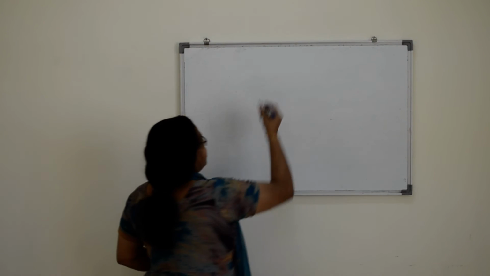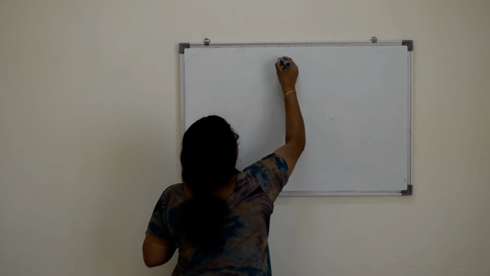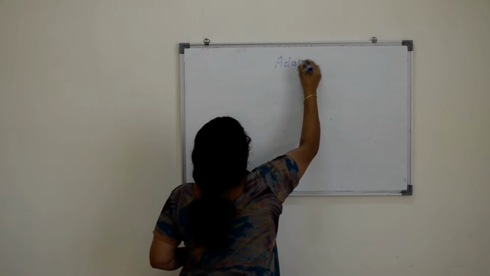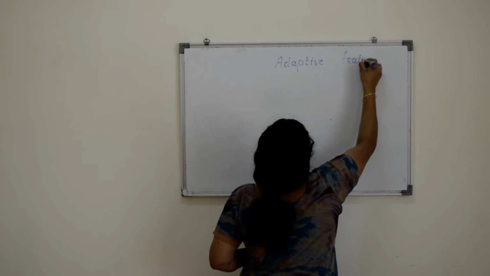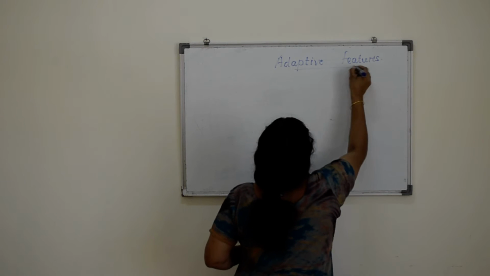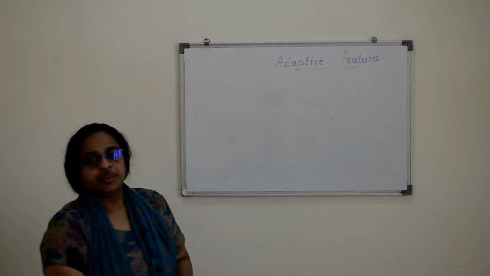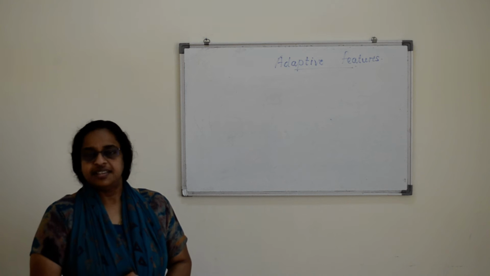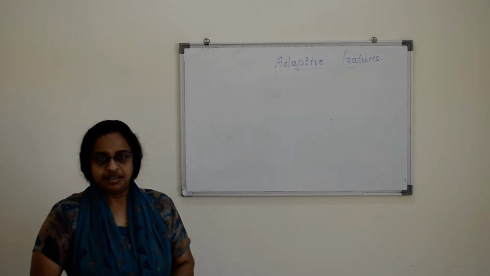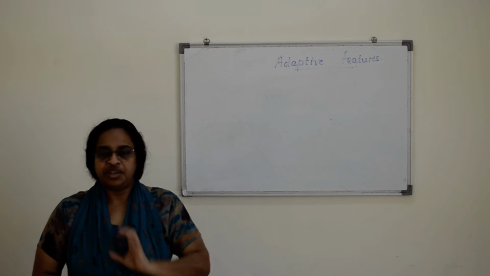So next topic is adaptive features. You have learned about adaptation and adaptive features in the previous lessons, is it? For example, camel, how it is well adapted to the environment.